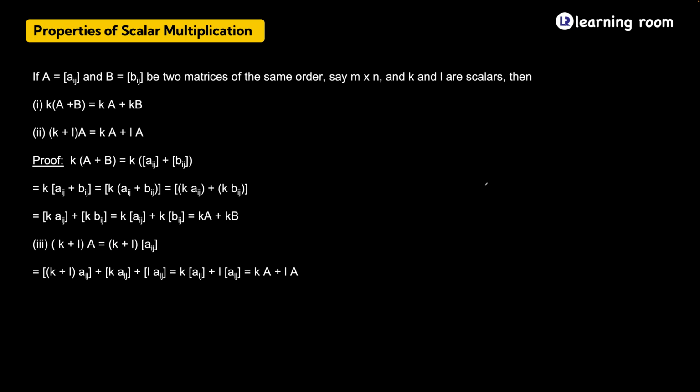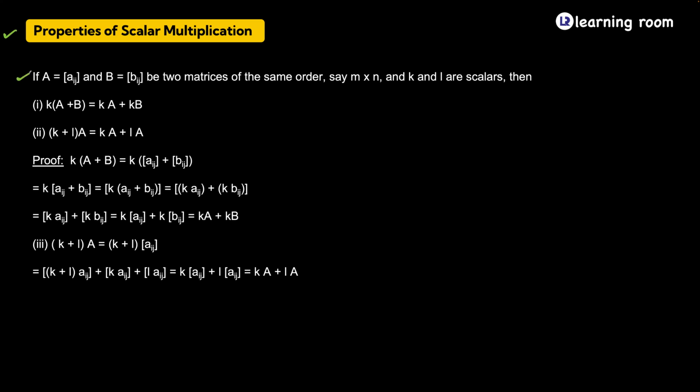So the next question is about properties of scalar multiplication. We understood what scalar multiplication is: taking a number and multiplying it with the matrix. When you do that, the scalar gets multiplied with every element in the matrix, right?